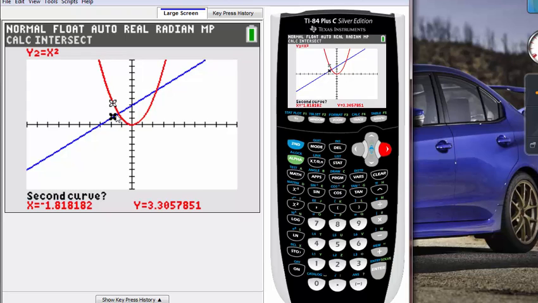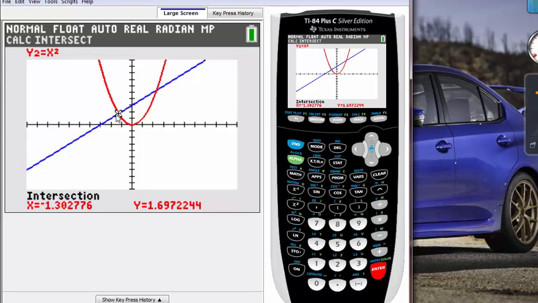So just move this around a little bit, and if you think you're good, just hit enter, and it says guess and yes. So just hit enter again. Then it shows you the actual intersection point. So in this case, when x equals roughly negative 1.3, they intersect each other.